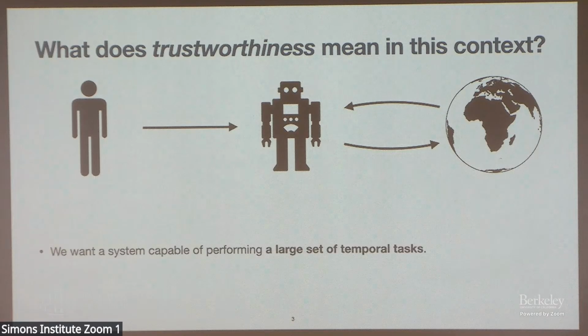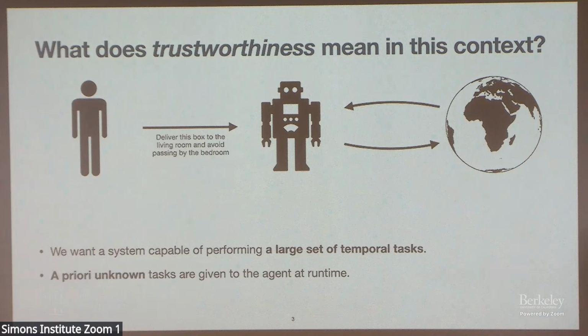Specifically, we want a system capable of performing a large set of temporal tasks. Then the user queries a task at runtime, but the agent doesn't know this a priori. A task can look like, deliver this box to the living room while avoiding passing by the bathroom, or something like that.